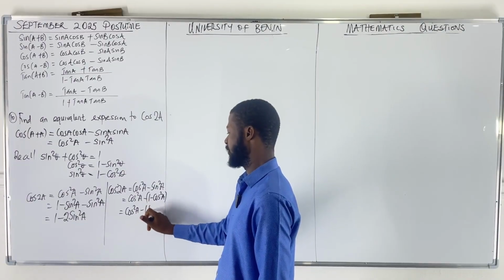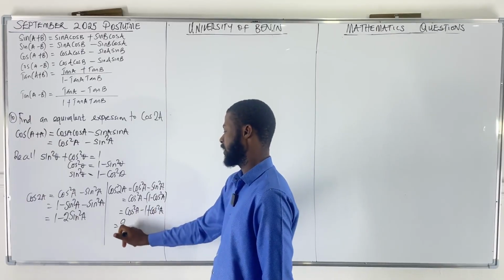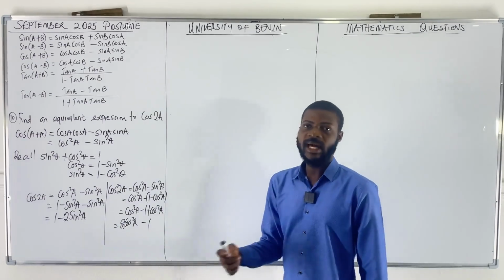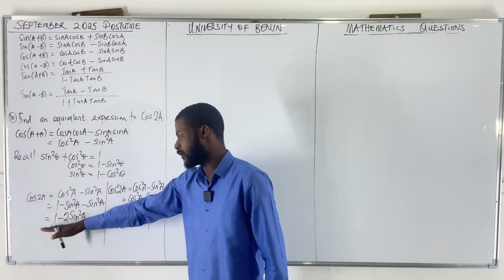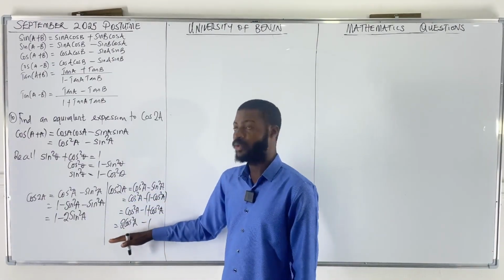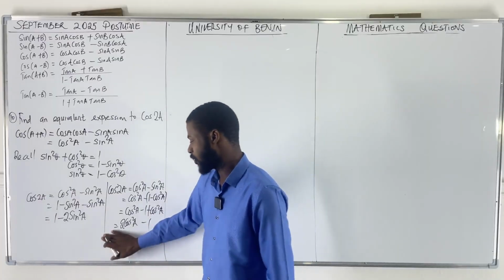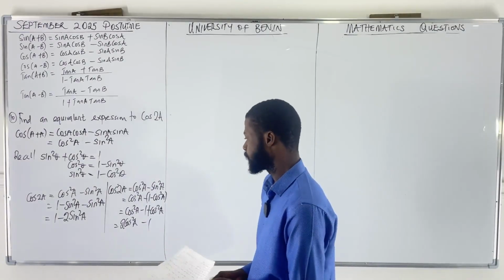Minus times minus will give me plus cos squared a. And then cos squared a plus cos squared a is 2 cos squared a minus 1. So there are different expressions. You can either see this one that has only sine in the exam, or this one that has only cosine. So the option would determine the answer.